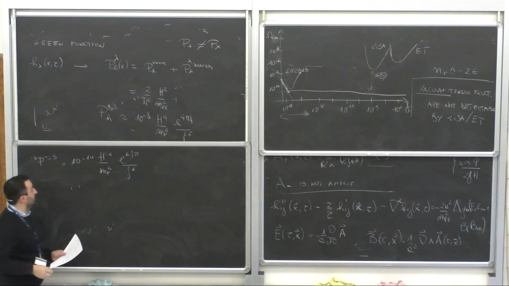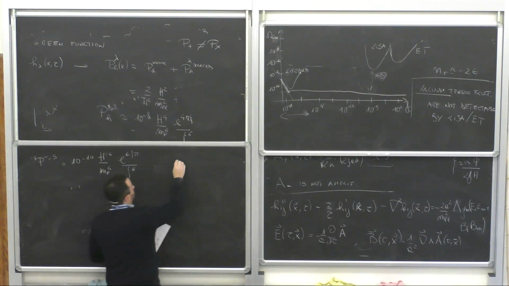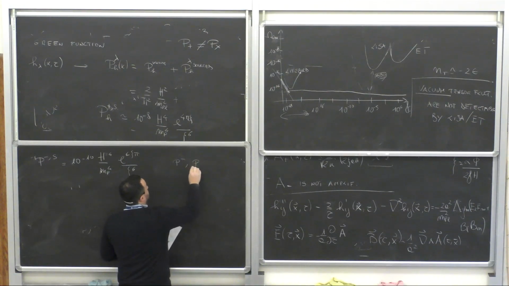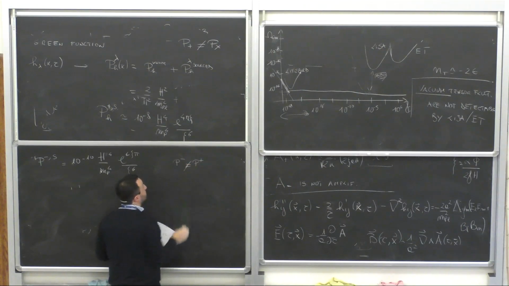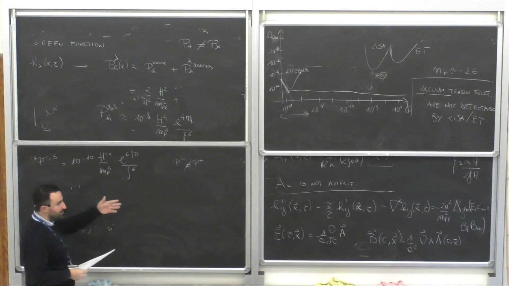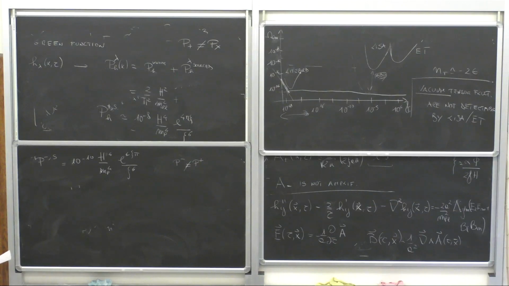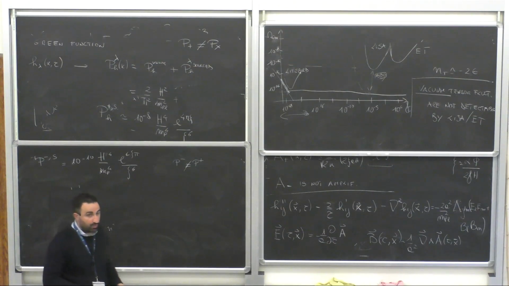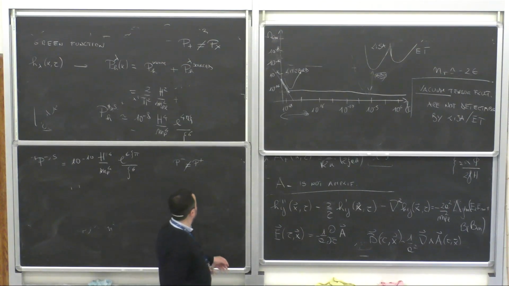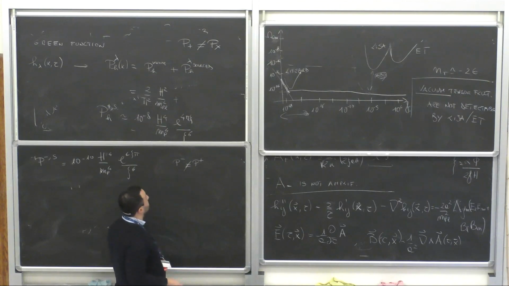P plus and P minus are different, right? The minus identifies that it comes from the minus one mode. But now you see that you have two contributions. So the full power spectrum is the sum of the two.